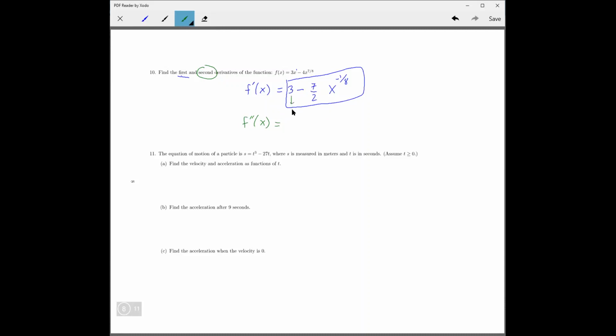This right here, we have a negative 1/8 come down, so that negative will cancel that negative, and 7 halves times an 8 is going to be 7 over 16, and then negative 1/8 minus 1 is going to be negative 9/8. Okay, and so that will be the answer to the second part.